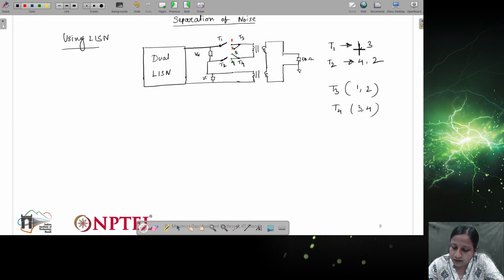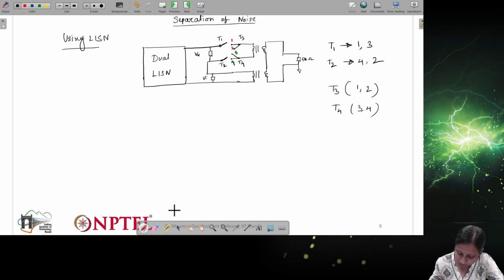Sometimes T1 can be connected to 1 and sometimes to 3. So sometimes it is connected to T3, sometimes to T4. When it is connected to 1, that is connected to T3.